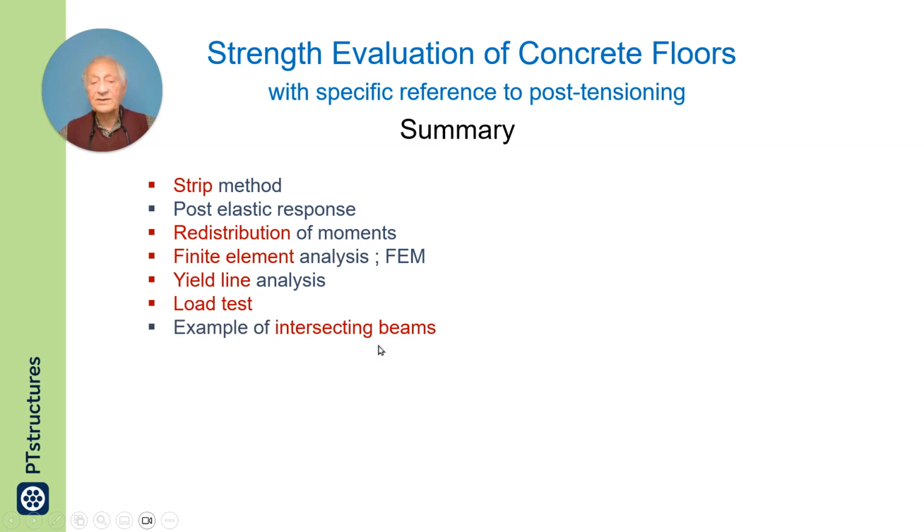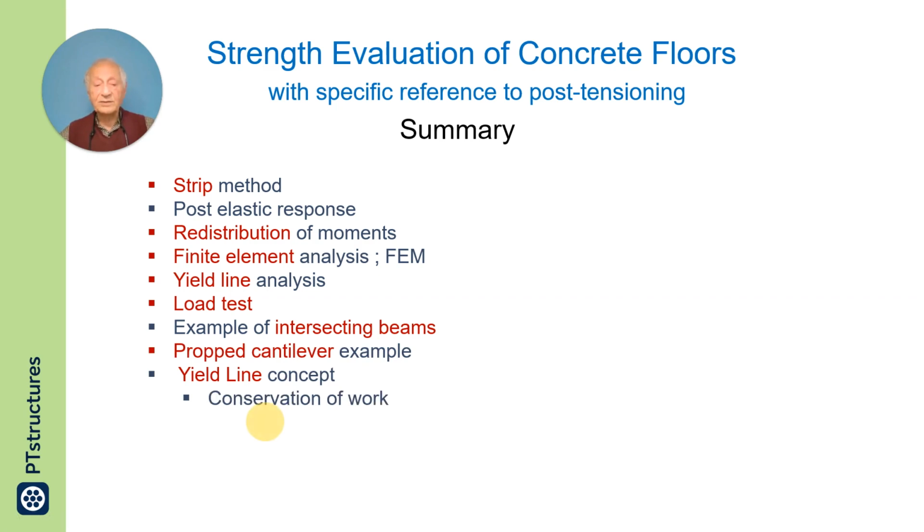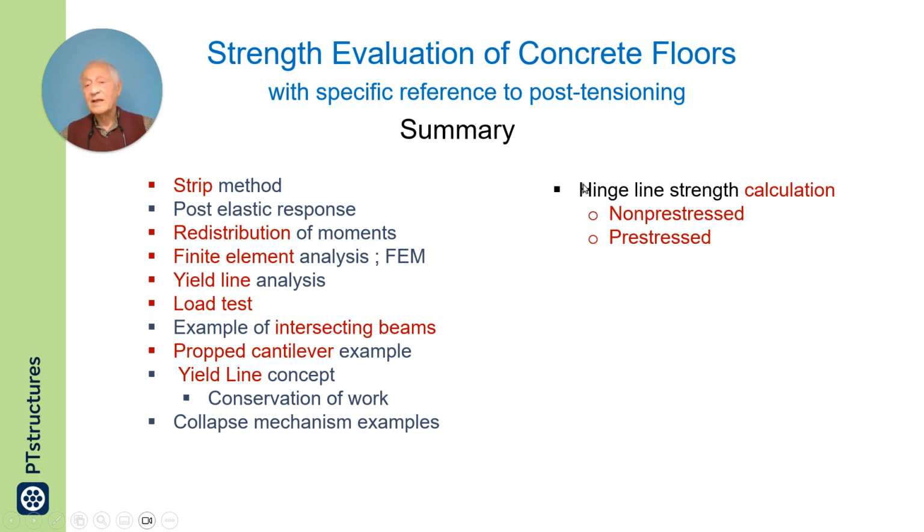I covered the example of intersection beams to illustrate the concept of yield line, then applied it to a propped cantilever, then went through hinge formation and yield line concept, talked about conservation of energy, external work being equal to internal work, talked about collapse mechanism examples, and calculation of the capacity at hinge line for non-prestressed and prestressed members.